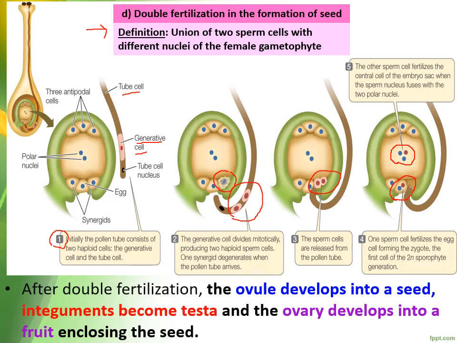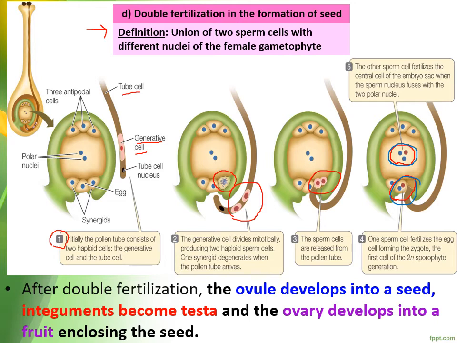It is the union of two sperm cells with different nuclei of the female gametophyte, or embryo sac. As we can see here, one sperm cell will fertilize the egg cell to form a diploid zygote, and another sperm cell will fuse with the polar nuclei to form a triploid endosperm nuclei.